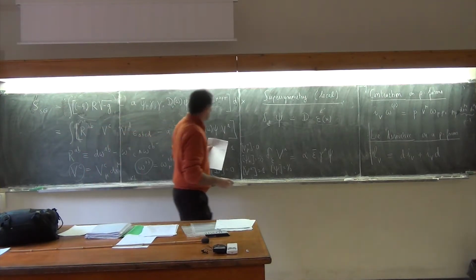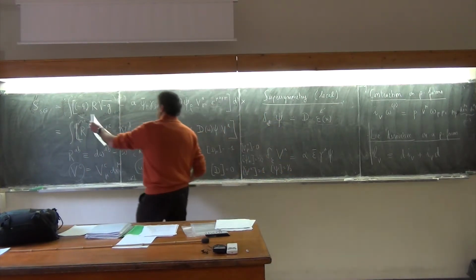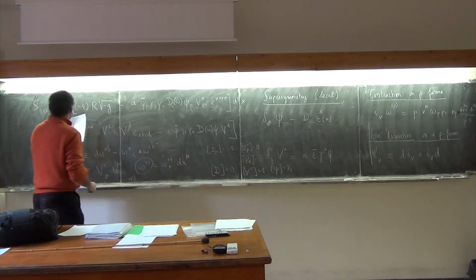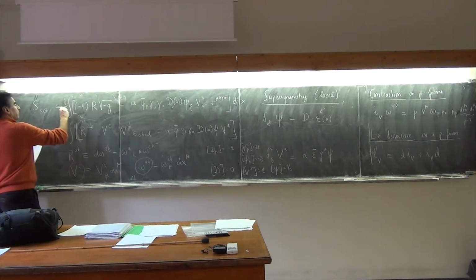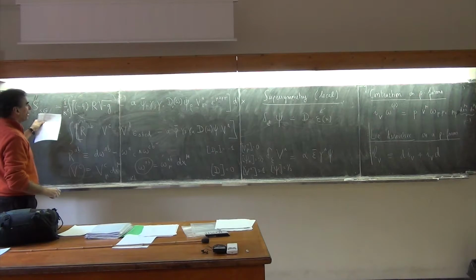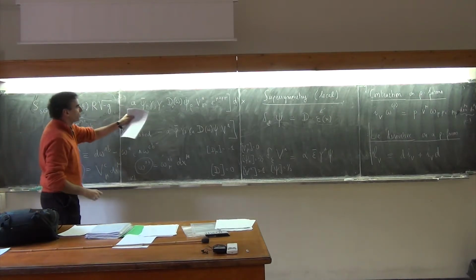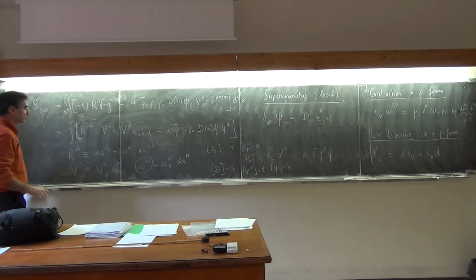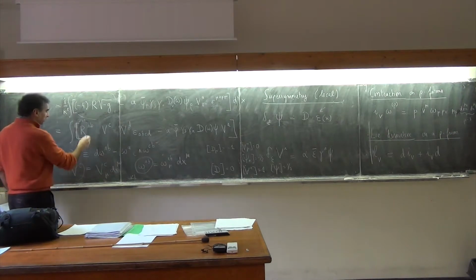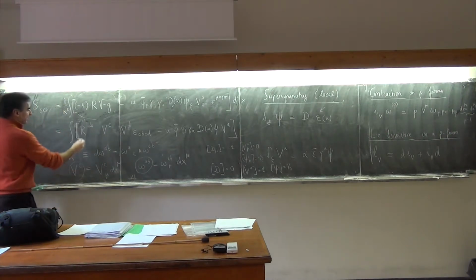So you see, this thing indeed has length dimension 0, because here you have the Newton's constant that has length dimension 1, and this has length dimension L^-2. You can check that this thing has length dimension 0.